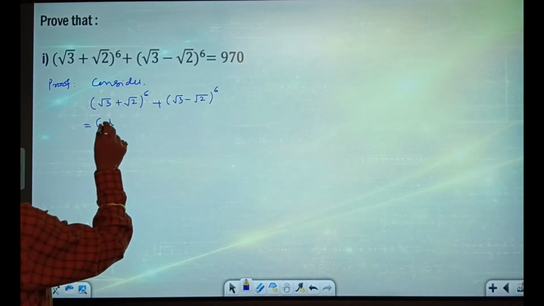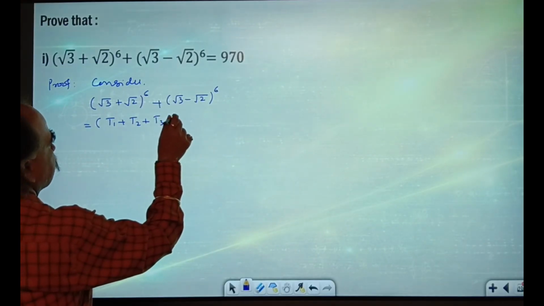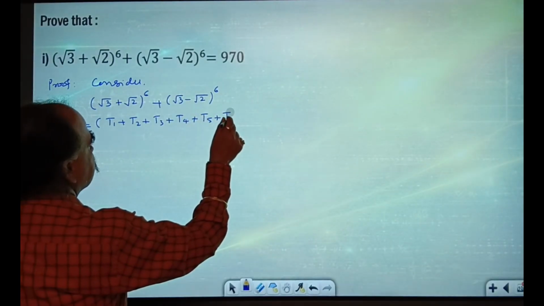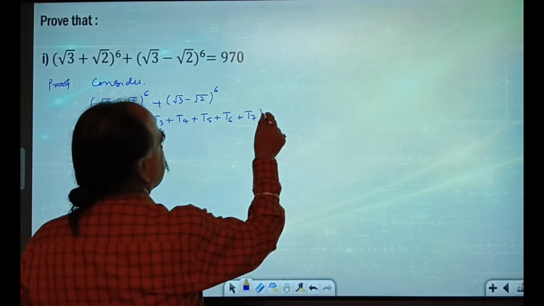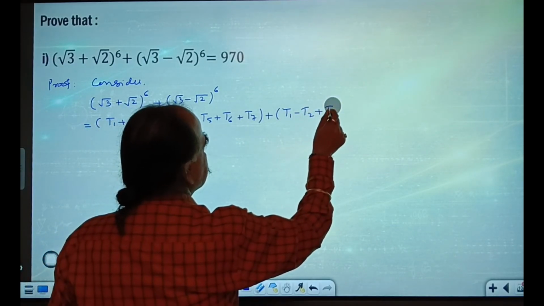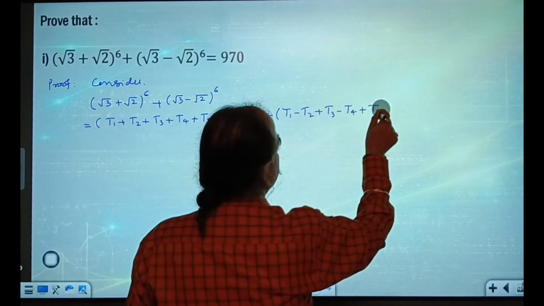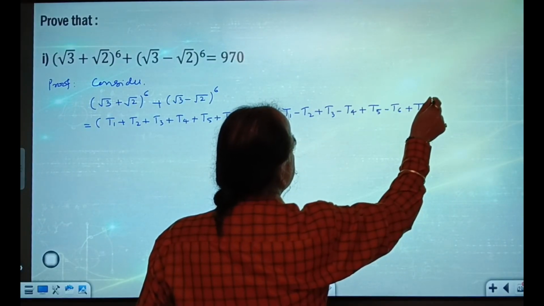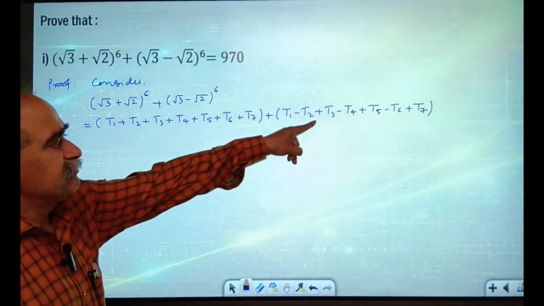So here I write T1 plus T2 plus T3 plus T4 plus T5 plus T6 plus T7. Whereas here T1 minus T2 plus T3 minus T4 plus T5 minus T6 plus T7. Now you can see even terms are negative.